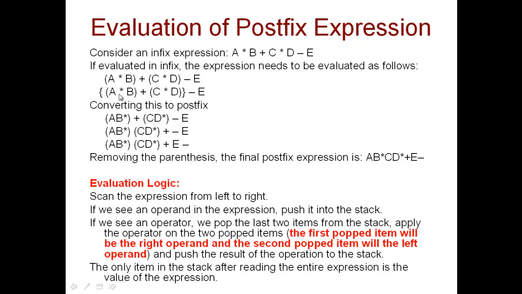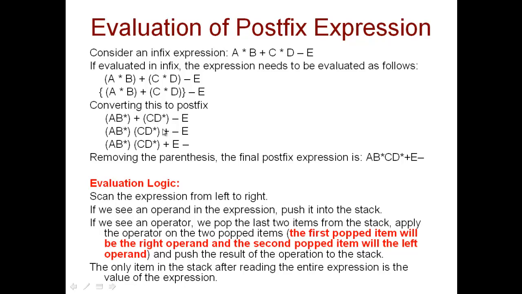It's going to be A B star. The star comes at the end, and then A B followed by star. The next thing we'll evaluate is C star D, so we'll do C D star. A B star is basically A star B, so one integer plus another integer minus E. Now you will break the tie by preferring plus.